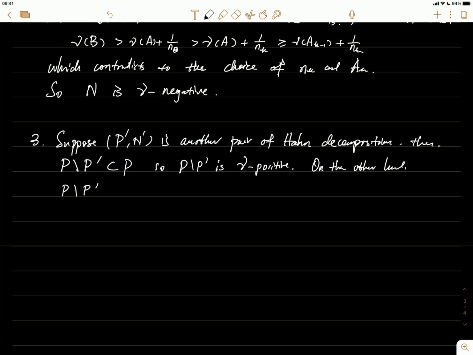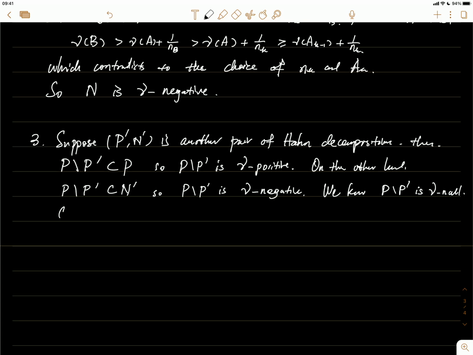The reason is, if you consider anything that is not in P prime, that must be in N prime. So P minus P prime is also nu negative. And because it's both nu positive and nu negative, we know that P minus P prime is nu null.